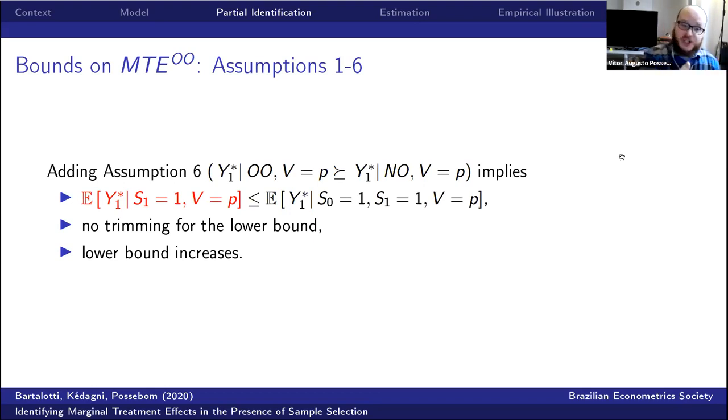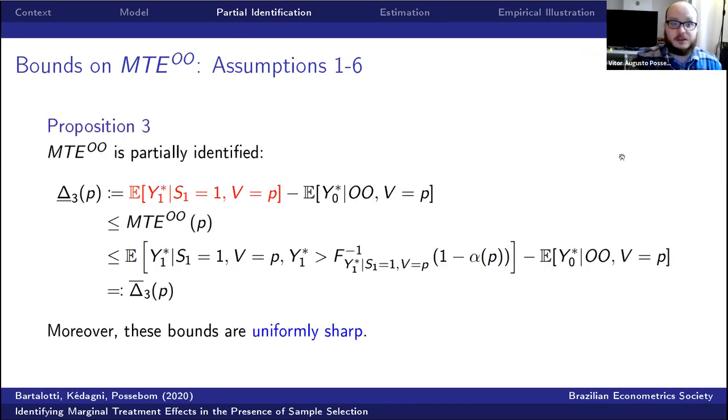And this red object is actually point identified. As a consequence, there's no need to trim the lower bound. And we can increase the lower bound without changing the upper bound. And then our bounds around the MTE function are given by those inequalities here.